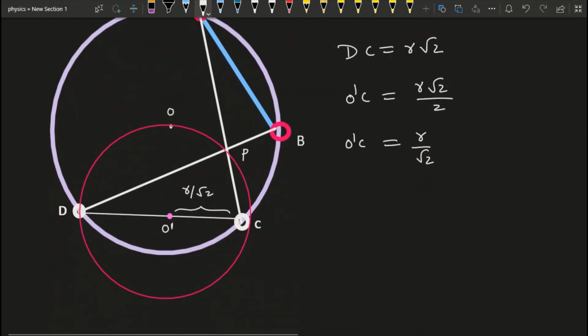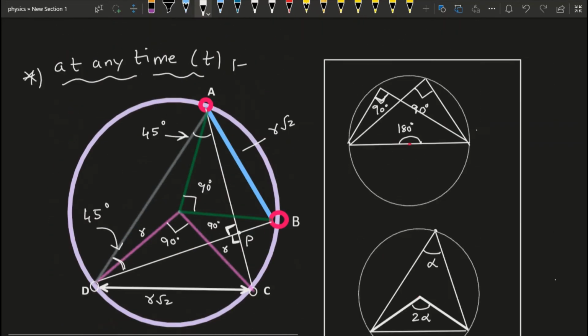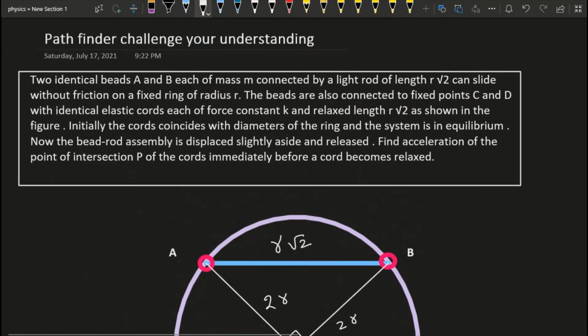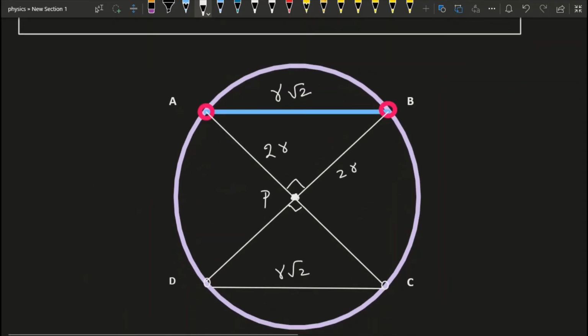But here they are asking us to find out the acceleration of the point of intersection of the chords immediately before a chord becomes relaxed. So if you see the initial configuration of the system, initially we can clearly see there is some extension or elongation in the threads or the chords.